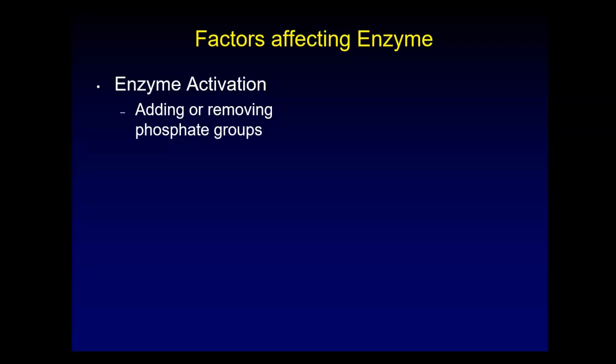If you remember when we talked about the endoplasmic reticulum, we said there are some enzymes present even in that lumen whose job is to activate an enzyme or to help that enzyme fold into its three-dimensional structure. And that's also done by either adding a phosphate group or removing a phosphate group or adding a carbohydrate group.